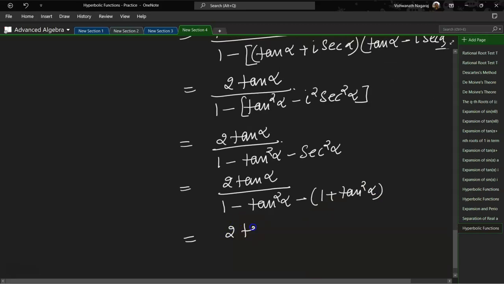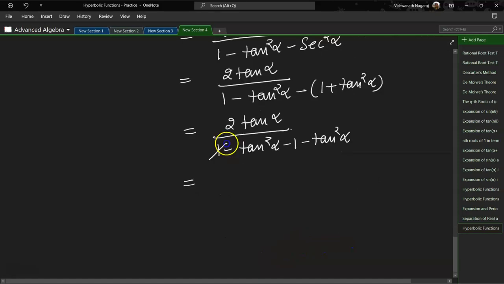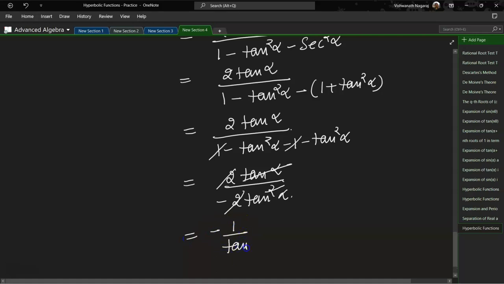So we end up with 2 tan alpha by 1 minus tan square alpha minus 1 minus tan square alpha. 1 and minus 1 cancels. 2 tan alpha by minus 2 tan square alpha. One of the tans cancels, 2 cancels, so we are left with minus 1 by tan alpha, which is equal to minus cot alpha.